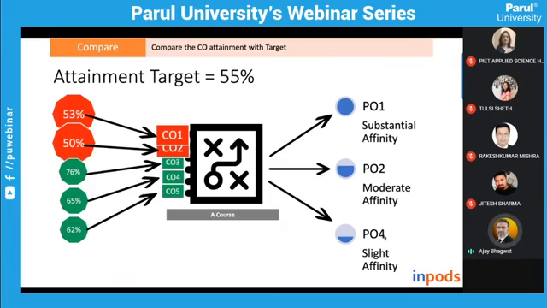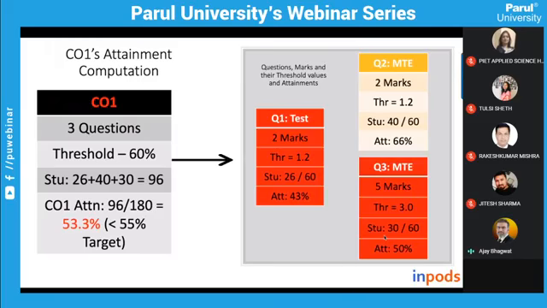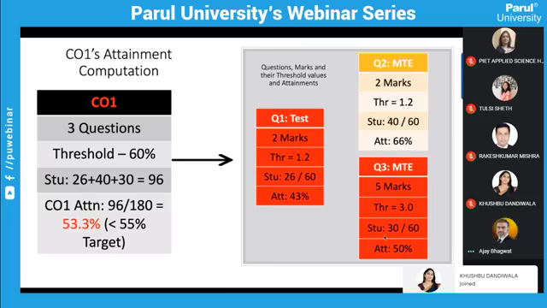So if we consider 55% as a target for our course, CO1 and CO2 are immediately below the target, and naturally if you go back, you can see the questions which were below the target and which were there right from the beginning, right? But it did not show you that problem because nothing was being compared with, and that's the only beauty of the target levels.